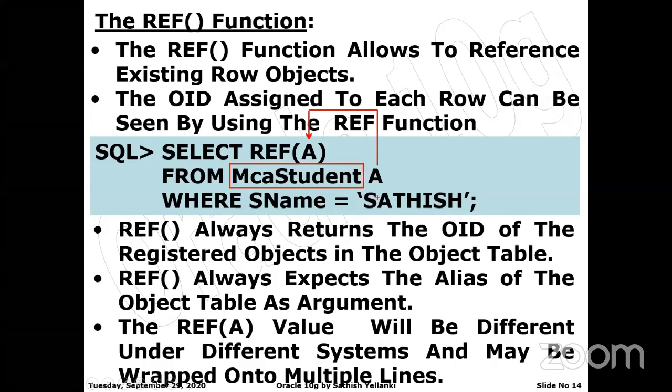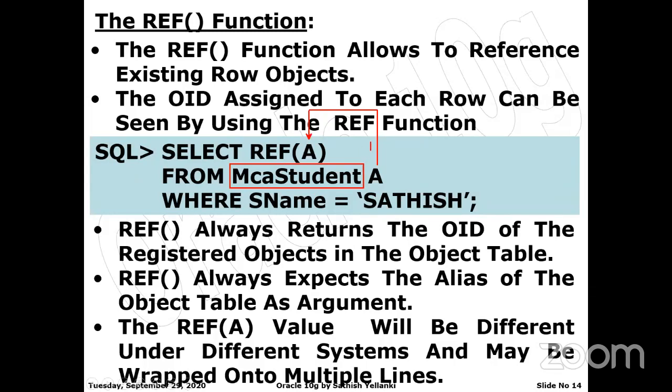Am I clear with you? I'm repeating once again. When you call your ref function, you should pass an argument of the alias of the object table that is declared within the from clause of that select statement. Now your where clauses and all these things are optional. Are you catching the point?